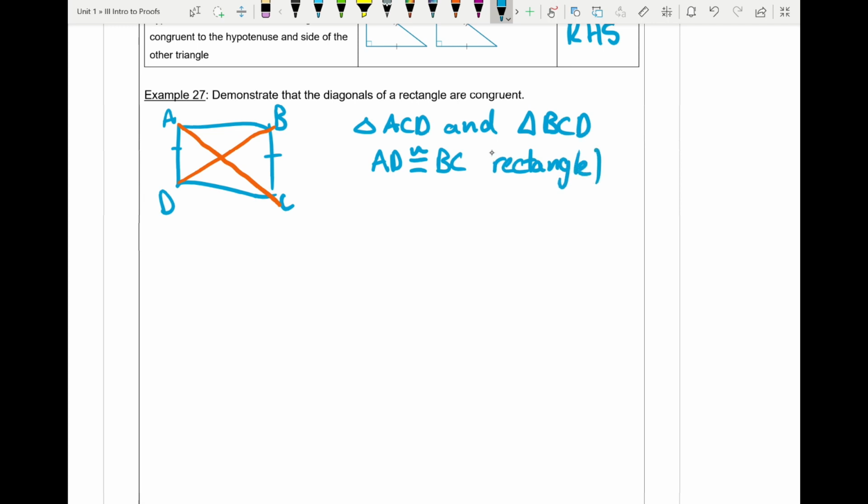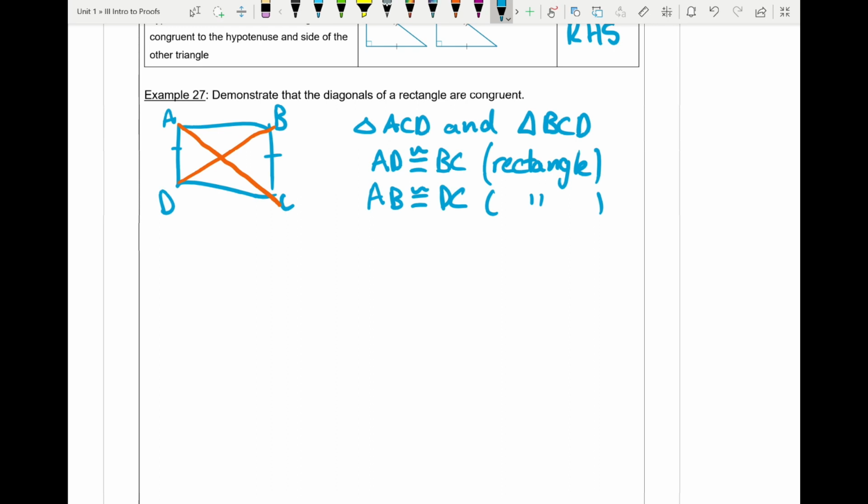So when you're in a rectangle, you've got 2 pairs of equal sides, so that's the shorter of the 2, and then we'd also have AB is congruent to DC for the same reason, because it's a rectangle. The last bit of information we need is an angle, right?